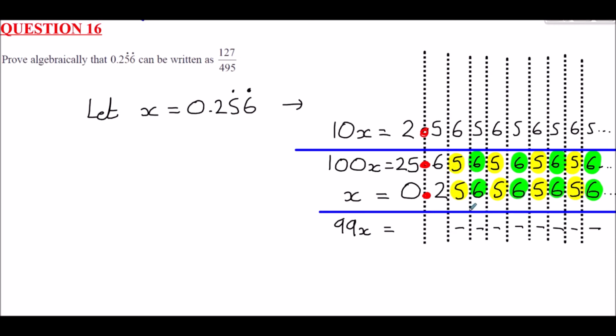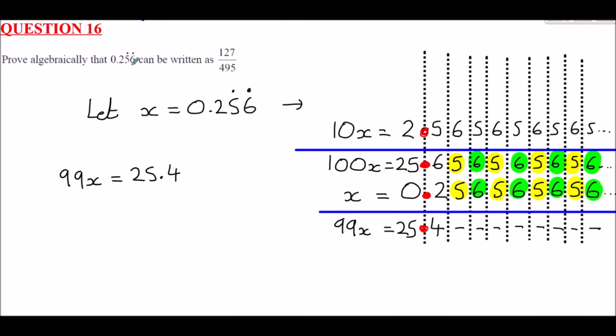Ultimately, the repeating pattern will cancel itself out perfectly. Now we've got 6 take 2, which is 4. And here 25 take away nothing is just 25. So we've got 99x equals 25.4.